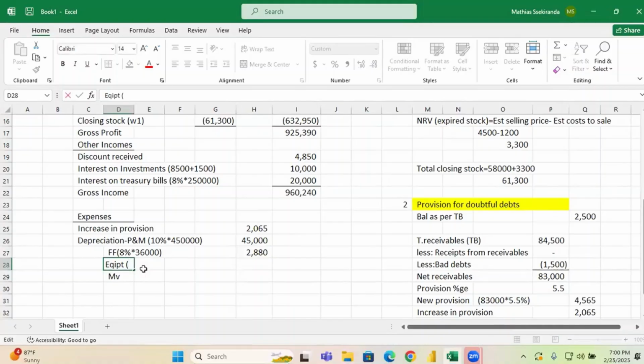We just get the percentage times the cost of that very asset.